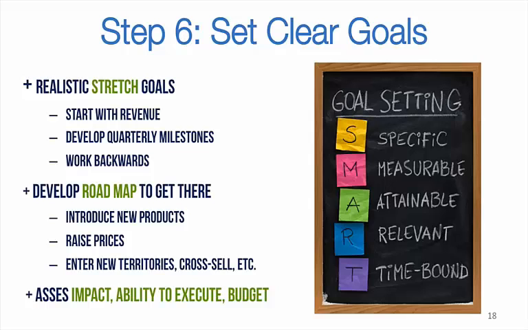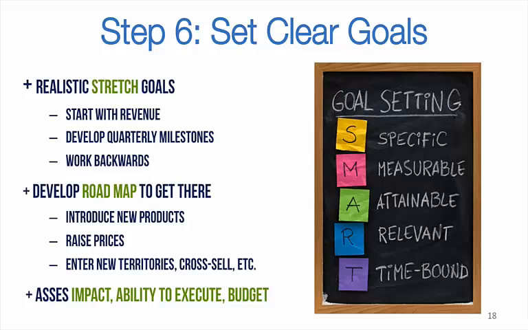Okay? And then the next step is to develop that roadmap to get there. How are you going to do it? And there tends to be a handful of ways, right? Introducing new products, maybe raising your prices, maybe entering new territories. Could be cross-selling to existing customers, upselling to existing customers.